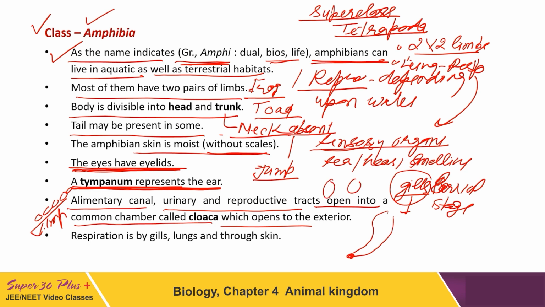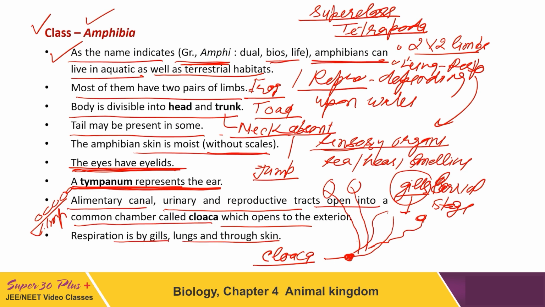Here the kidneys are there. The kidneys will also open here, the urine will be passed, and the reproductive organs, this is the oviduct and this is the ovary, will also open. So here is the common opening for the alimentary canal, urinary and reproductive tract, and this common opening is called the cloaca. It has come many times.